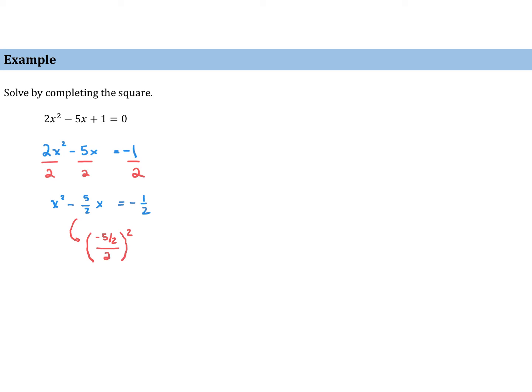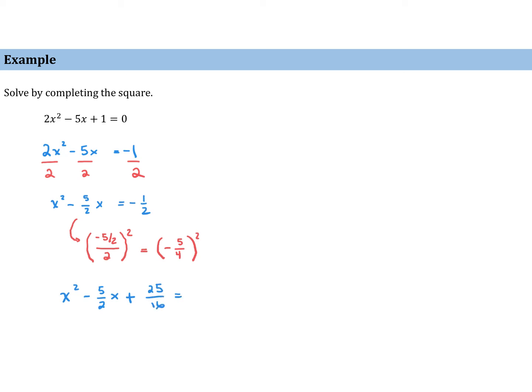So we obtain x squared minus 5 halves x, and then squaring it will yield a plus. And what is it going to be? 5 halves divided by 2 is going to be negative 5 fourths. And then we're going to square that. So we're going to have to add to both sides 25 sixteenths.